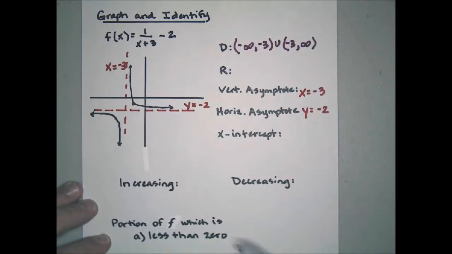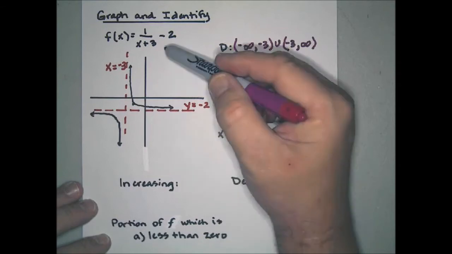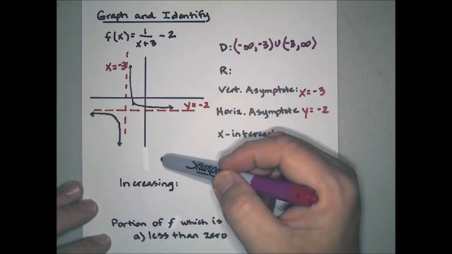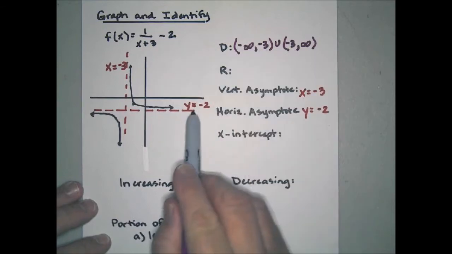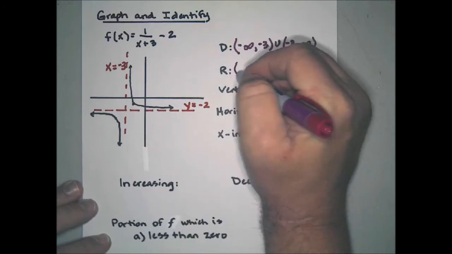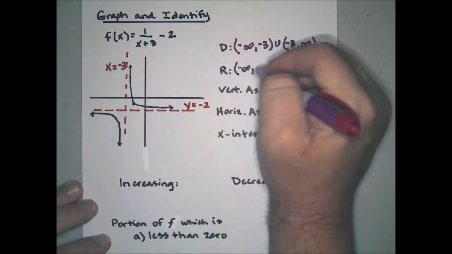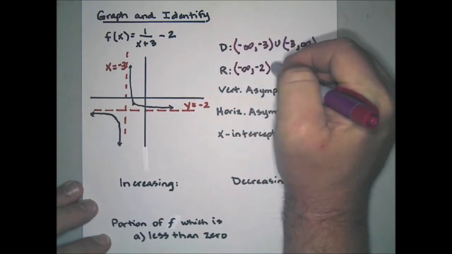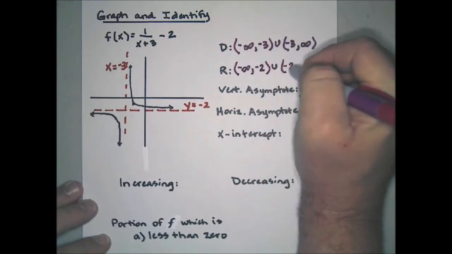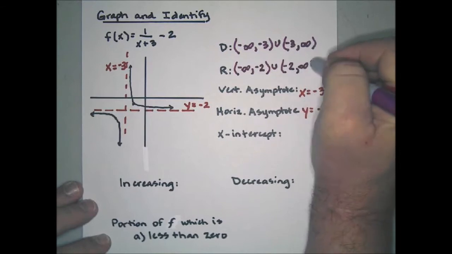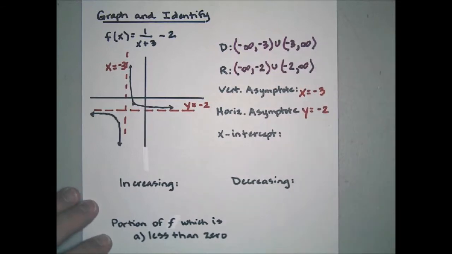Now the range does the same thing, only low to high. It would use all the reals except it can't touch -2, so we have to write it in 2 pieces. -infinity to -2 and -2 to positive infinity.